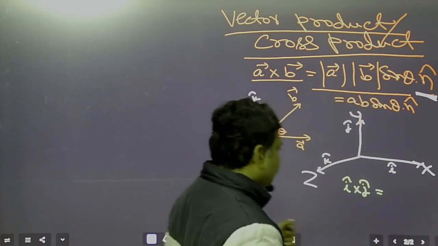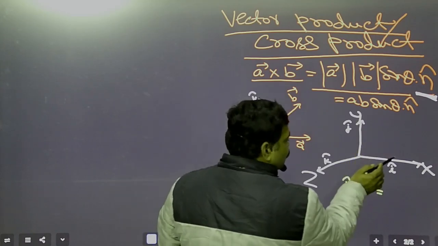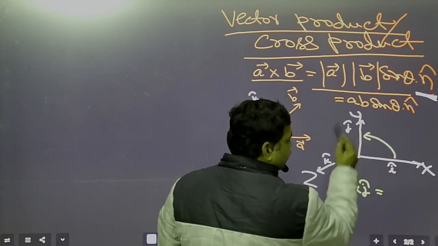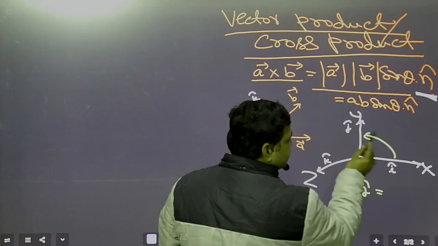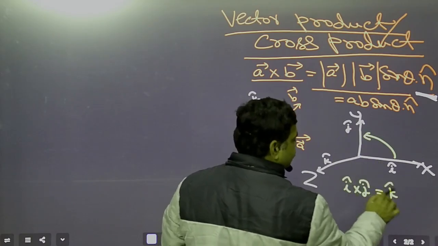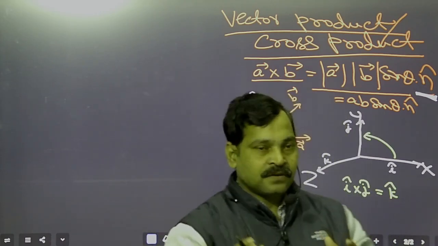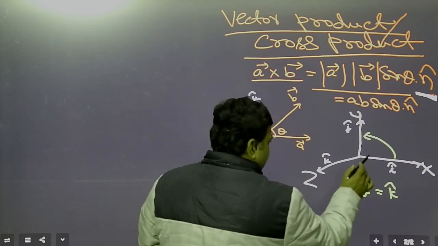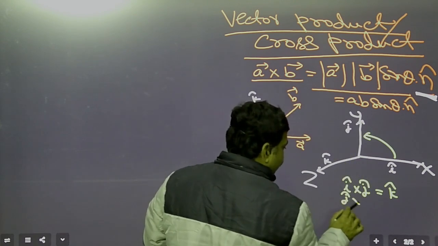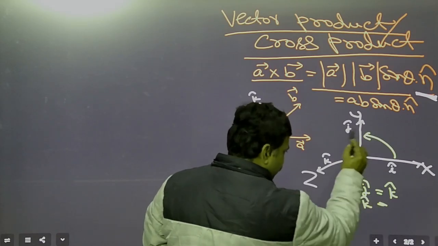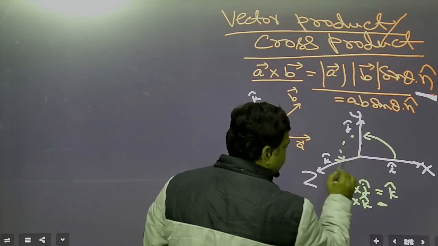You see here, i cross j, we are rotating like this. The third vector is k cap and it is anti-clockwise, so it will come as positive. Similarly, if I take j cross k, this will come as i cap.